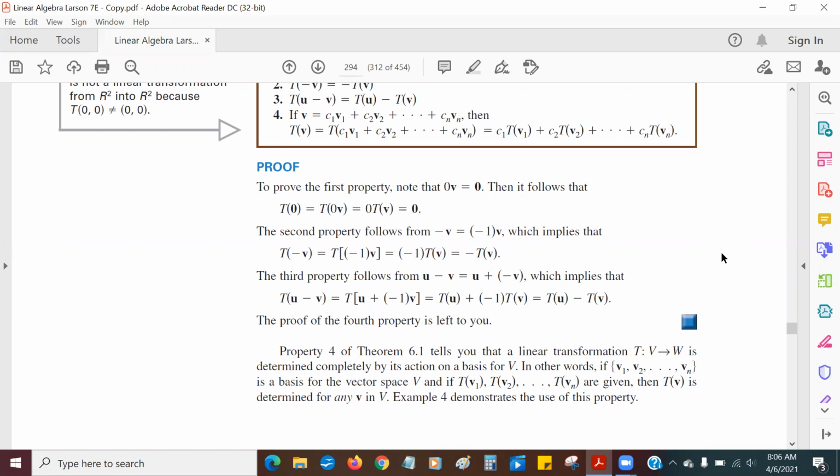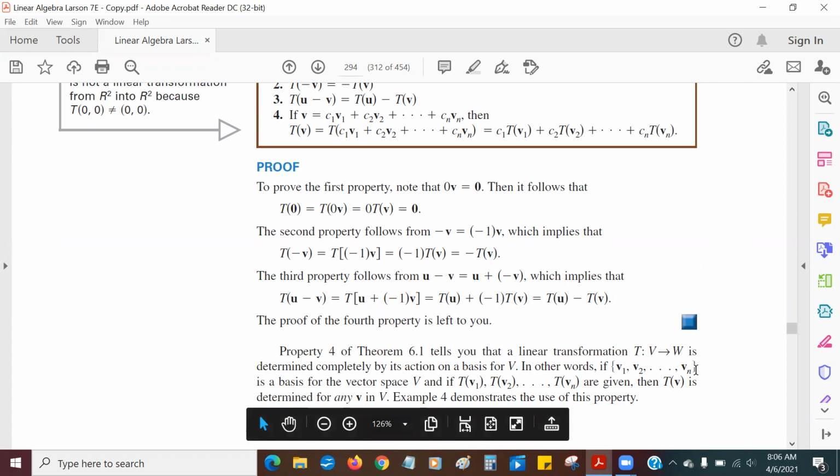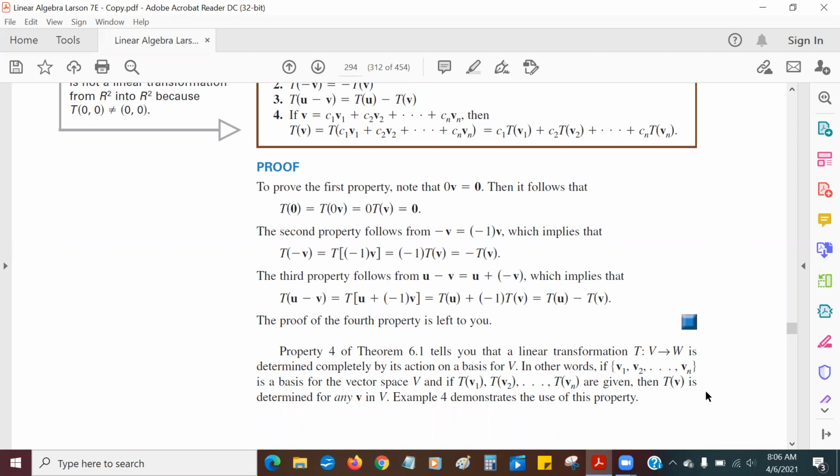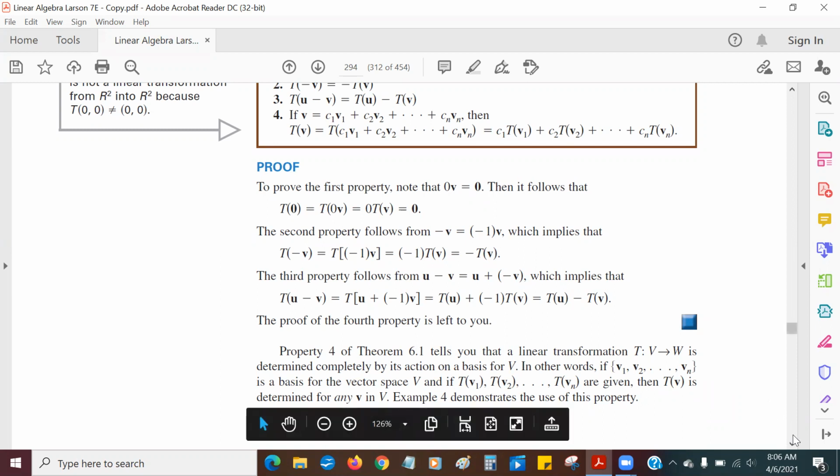If you look at what it does to a basis, if v1, v2, through vn is a basis for a vector space, then T of v is going to be completely defined, because since v is a linear combination of v1, v2 through vn, T of v is going to be a linear combination of T v1, T v2, and so forth. So that's kind of cool. But that's theory. Let me show you an example.